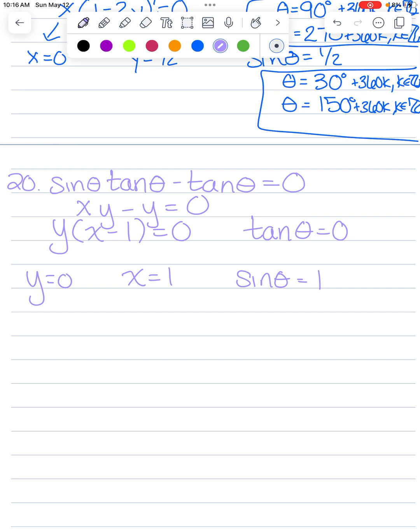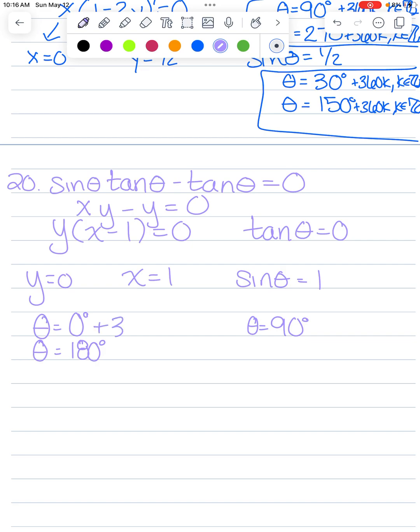Tangent is 0 at 0 degrees. Technically 360, but this is for all theta in degrees, so I don't necessarily need that one. It's also 0 at 180 degrees. Sine is 1 at 90 degrees.